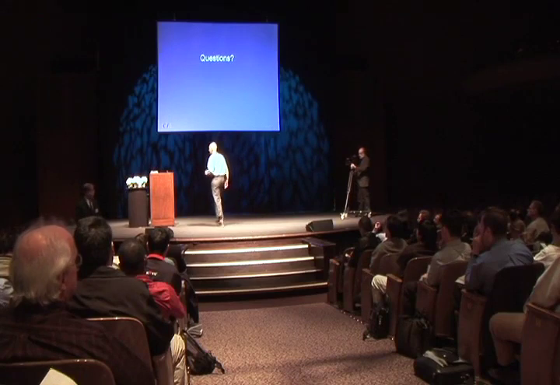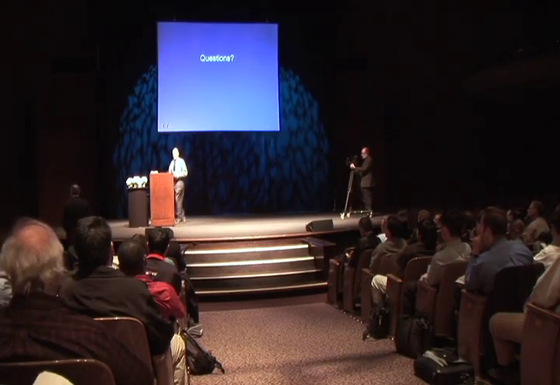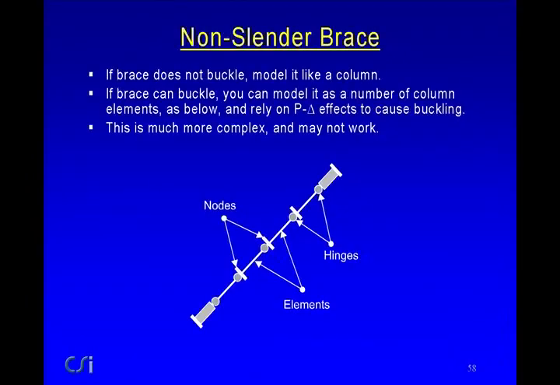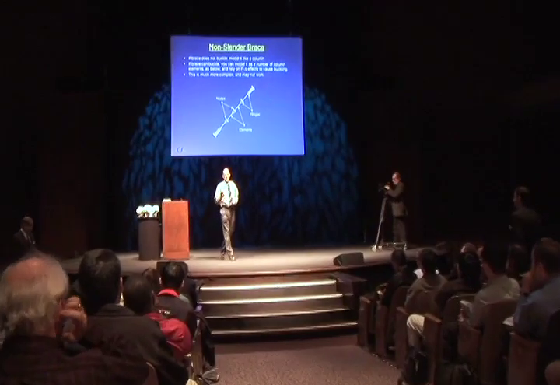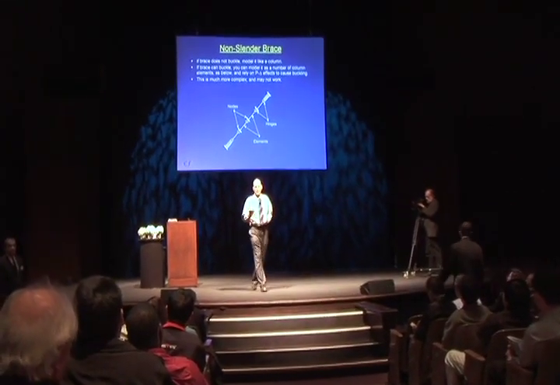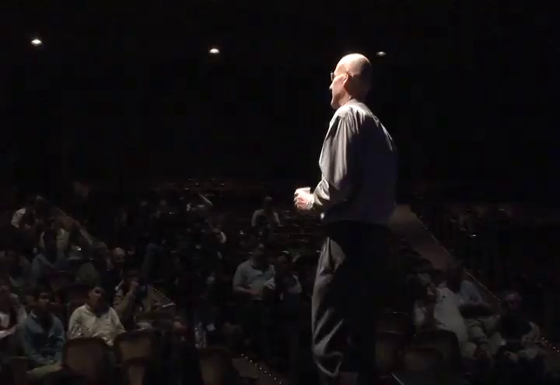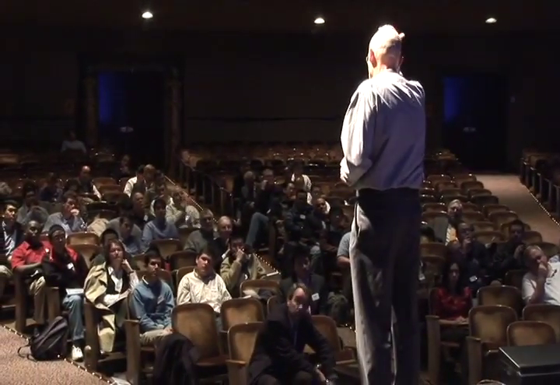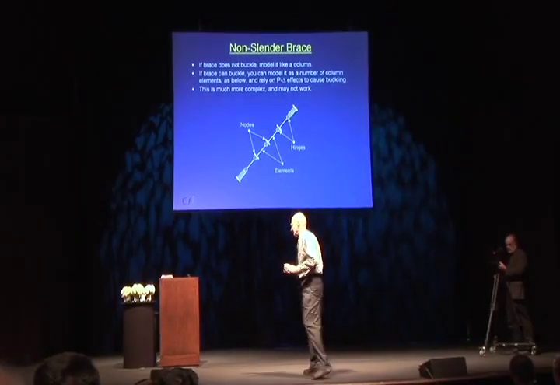If it really is important and you have to model it, and it probably shouldn't happen anyway, you have to use a model something like this, and it actually is a very difficult problem. Now, there is no single simple element that you can use in Perform which will buckle. Well, actually, if you could treat it as a buckling brace with only axial force, then you could do it.